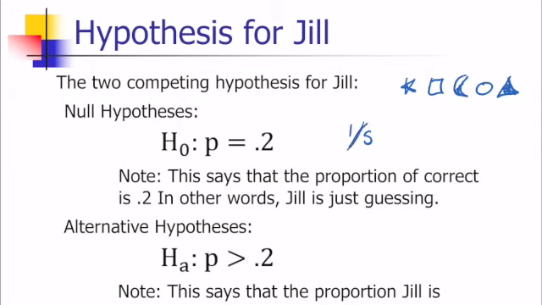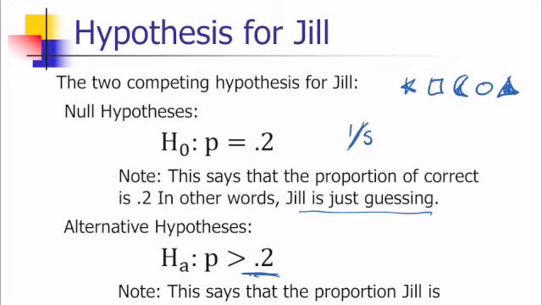That means Jill is just guessing. If the proportion she gets correct is greater than 0.2, that means Jill is possibly not guessing, she's reading our minds. So our alternate hypothesis in this case would be the probability is greater than 0.2. And we did our study and we found that the probability of her choosing it correctly was 50%.